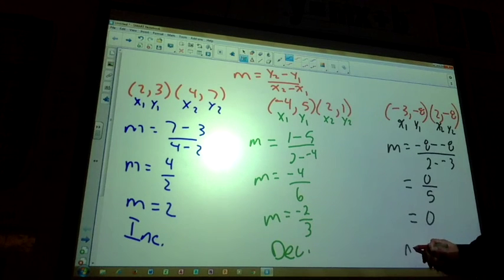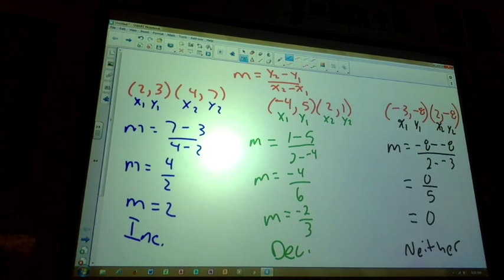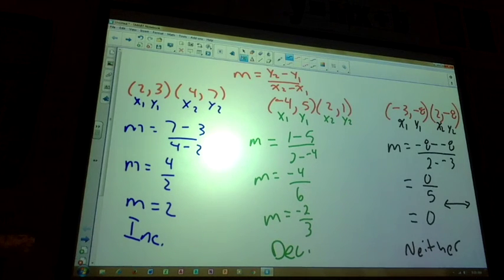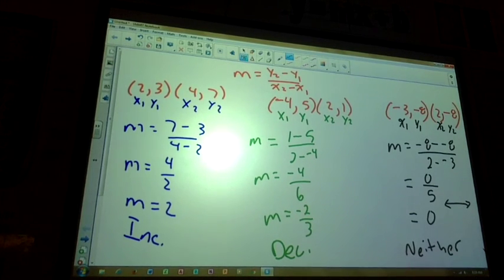So it's a neither. This is a slope that's a horizontal line like that. So it's not increasing or decreasing. And then if it was a slope that was undefined, so you had a 0 on bottom, it's always increasing. But we'd probably not worry about that at that point.